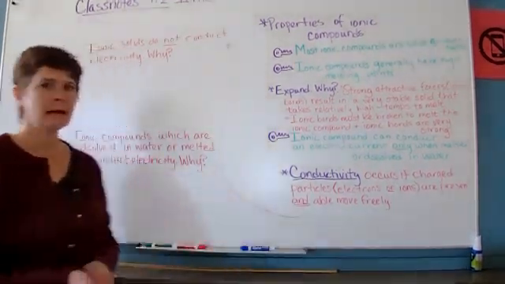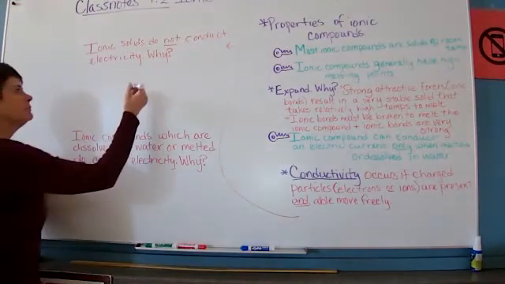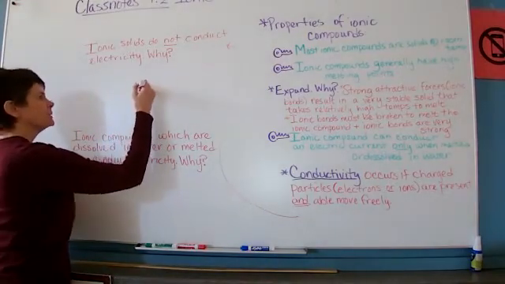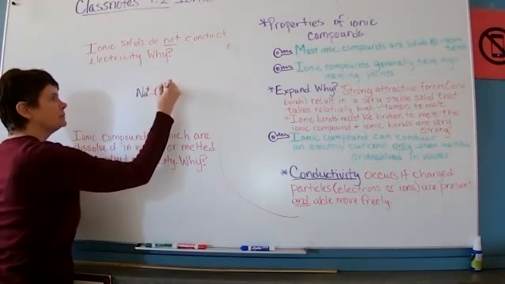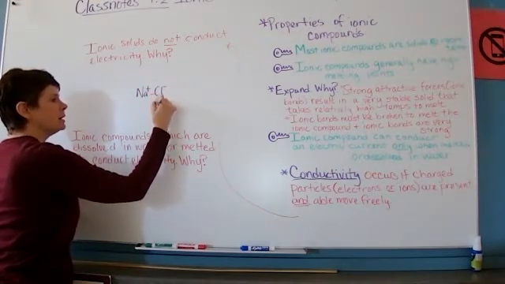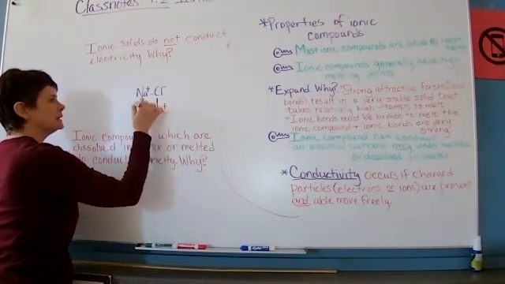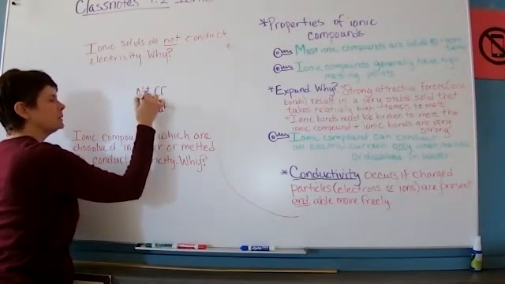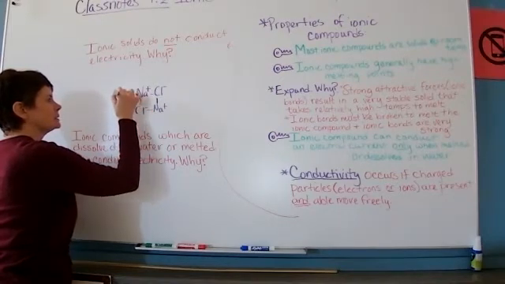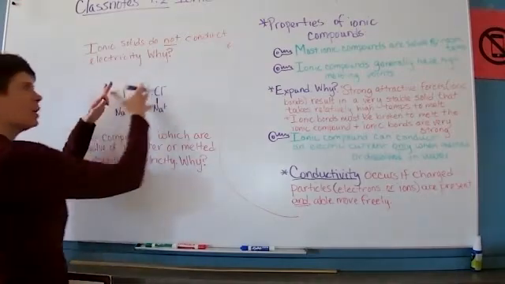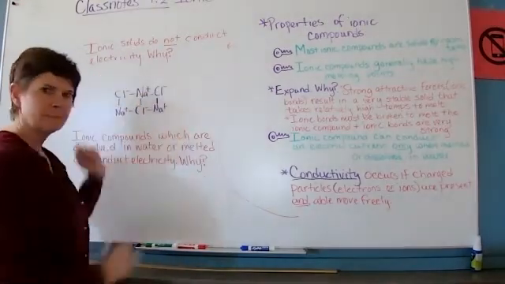So let's think about what ionic solids are. If we have an ionic compound, for example, we'll use sodium chloride again, where the sodium and the chlorine are locked in this repeating array. And this would go on and on and on and on, okay?